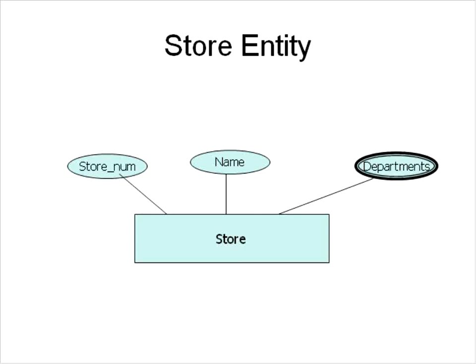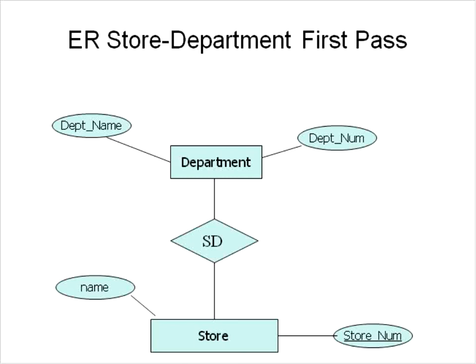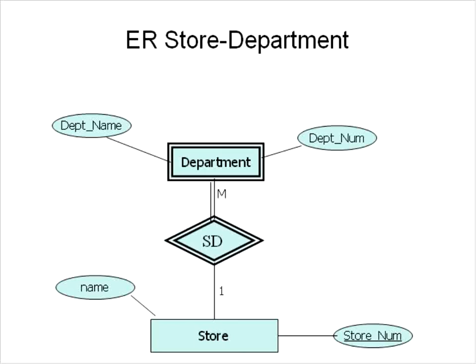So on slide 6, we have an example of a store, and initially departments was a multi-valued attribute, and now department becomes a weak entity, as shown on slide 8.